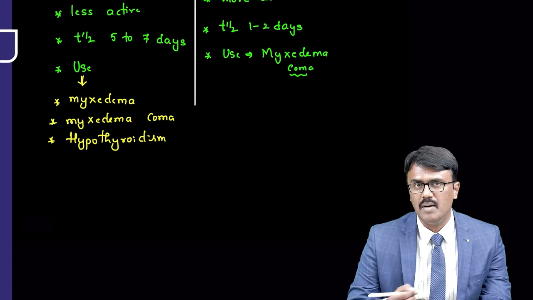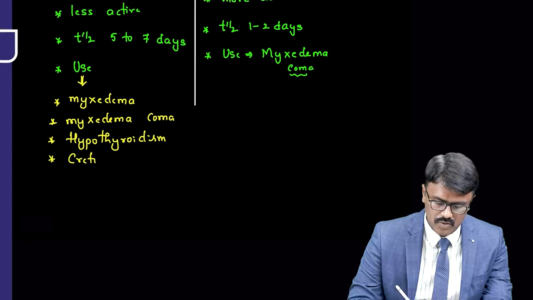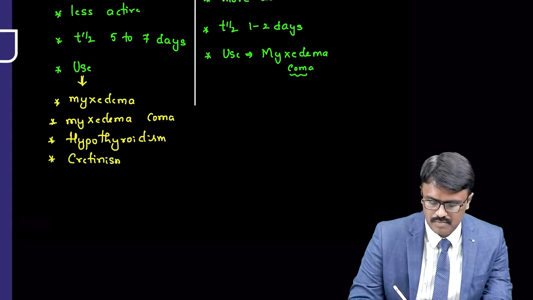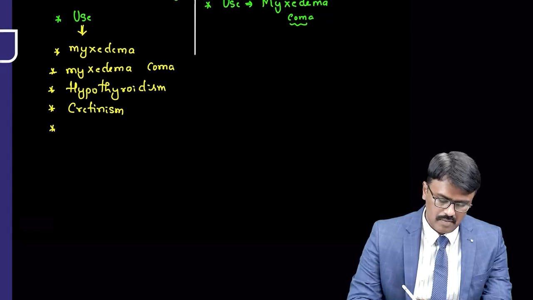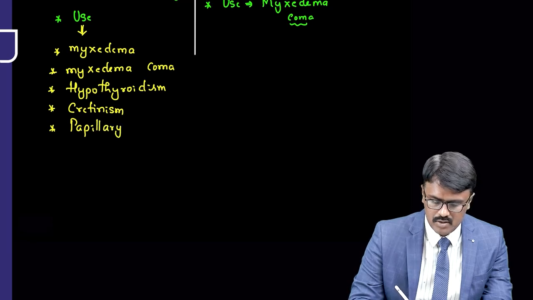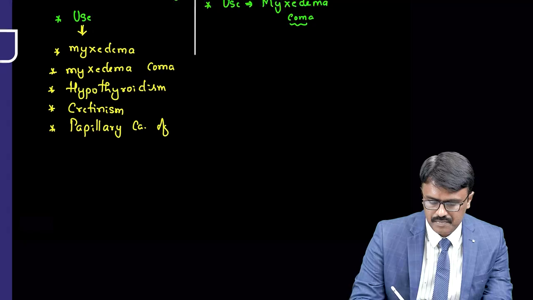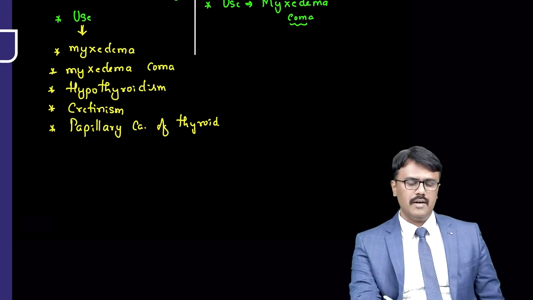And the same hypothyroidism in a child is called cretinism. So we use it in cretinism. Levothyroxine is also used in a cancer called papillary carcinoma of thyroid. So you may ask a question, sir, how come it is useful in papillary carcinoma of thyroid?